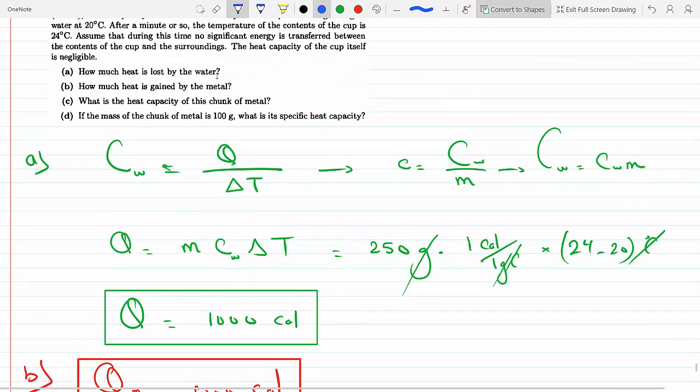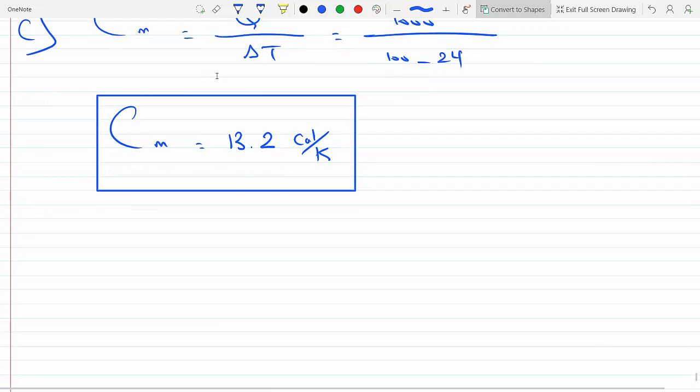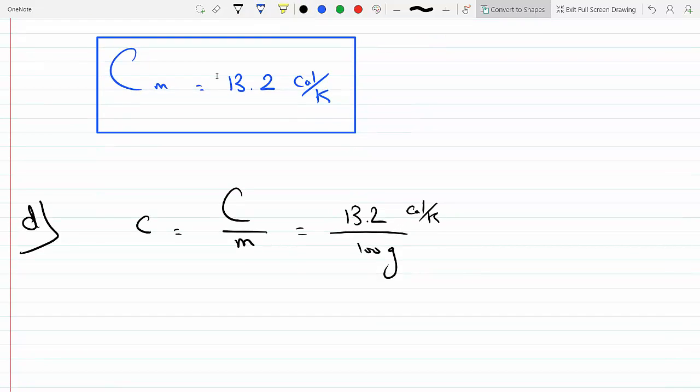In part D, now it says if the mass of the chunk of metal is 100 grams, what's the specific heat capacity? So here it's asking about small c, and as I explained in part A, small c is capital C divided by m. We just make it per unit mass. So here this is just 13.2 divided by 100 grams. This was calories per Kelvin, so now it becomes calories per gram Kelvin.